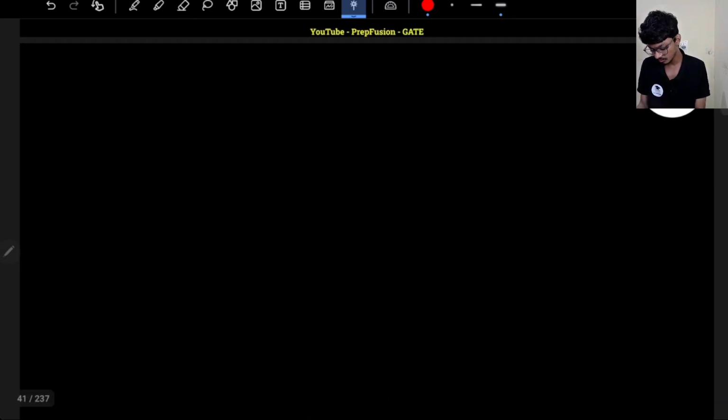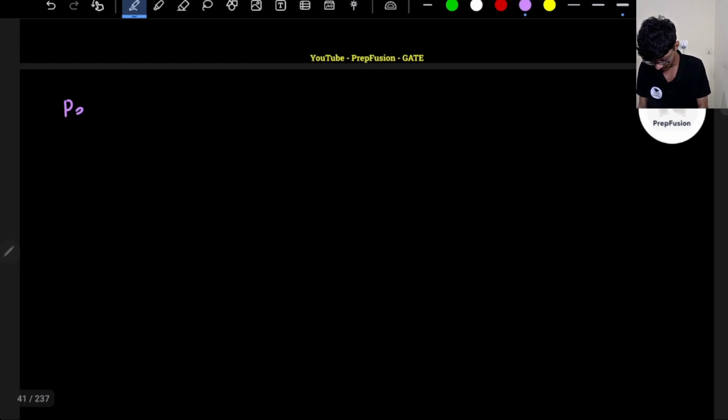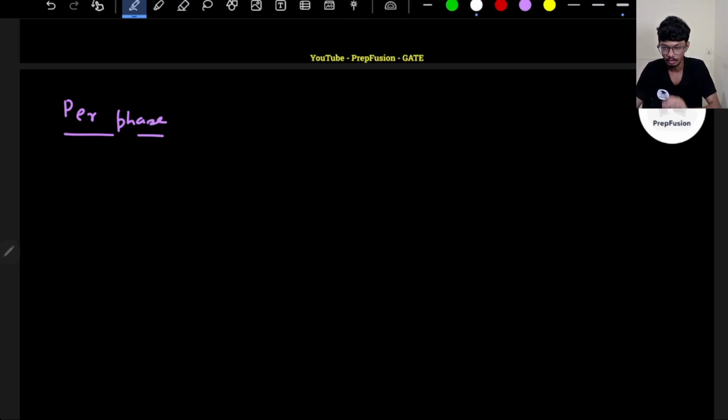Okay, so the per phase equivalent circuit. In the previous lecture I had already given you a brief of how the circuits will look. So basically in the per phase equivalent I will have a sinusoidal induced EMF that will be known as the resultant EMF, ER. I will write the phase angle later. Again, that will deliver power through the armature to the load.